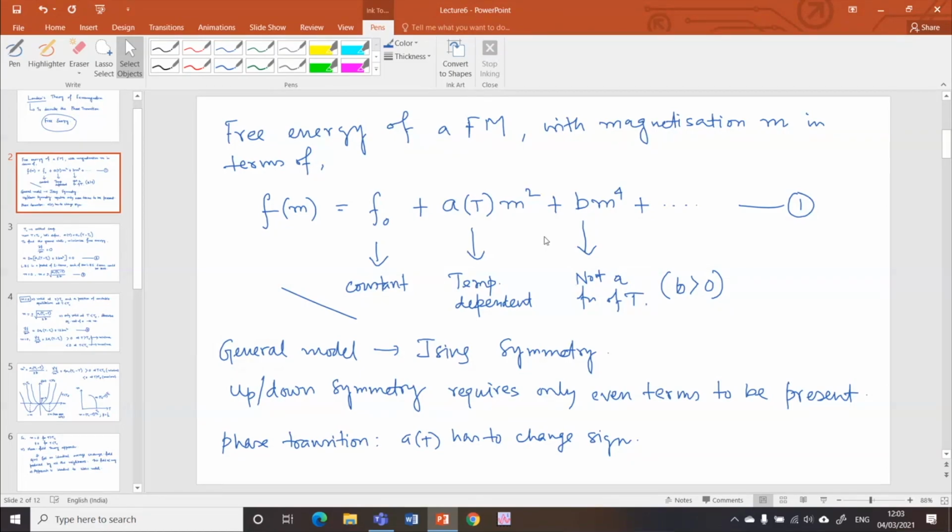When there is a BMF. In the expression there is no magnetic field, which means no external influence is acting to align it or give a non-zero magnetization. So in the absence of any field, the system is giving you a non-zero magnetization, and it's an Ising symmetry. So it is only possible if there is an exchange interaction, for non-zero magnetization.